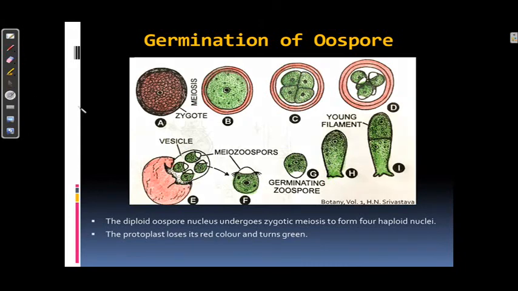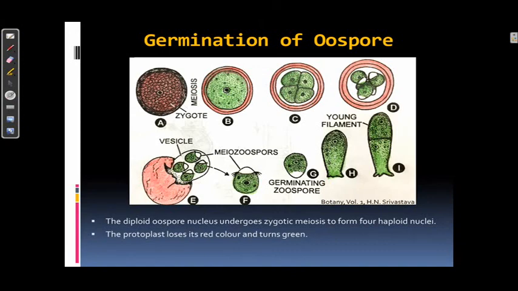So let's know about the germination of oospore, how it occurs. The diploid oospore first undergoes meiotic division. Meiosis is a reductional division to form 4 haploid nuclei. What I said is, the zygote, which is a diploid structure, undergoes meiotic division to form 4 haploid nuclei.